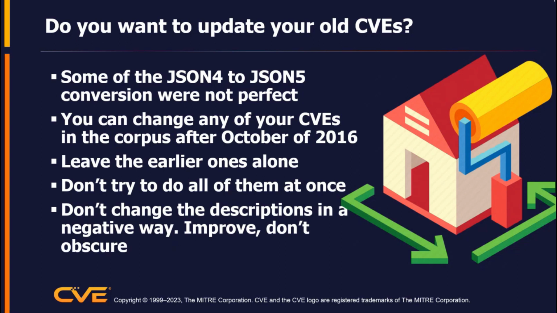And again, I want to put a plug in for the CVE.test.org website, because you can take, say, a month, 2021. You can say, I want to go for the January 2021 CVEs, and I want to experiment with taking those CVEs and making them look better.